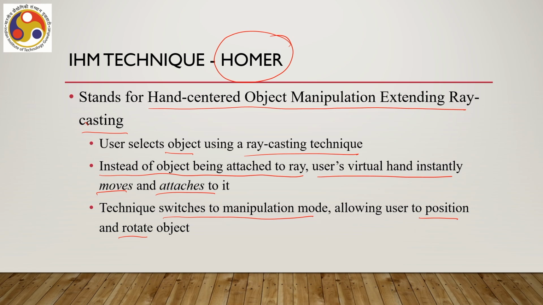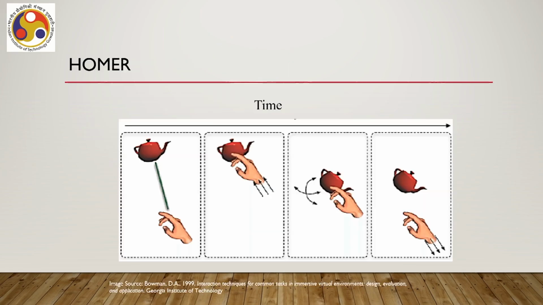So, here 2 techniques are mixed: ray casting, pointing based selection, and hand manipulation. Also, the selection and manipulation are integrated together. The user does not need to do them separately. This is a quite useful technique.